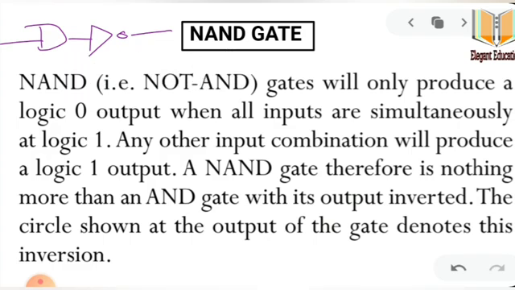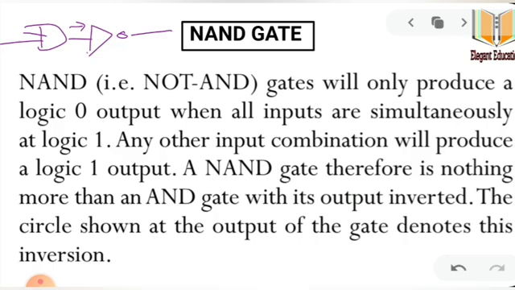Whatever input has been given to this gate, the output of the AND gate will be given to the input of the NOT gate, and the output will be the inverted AND one.